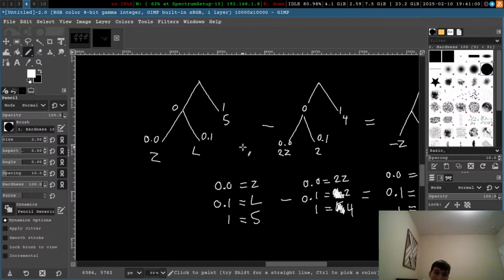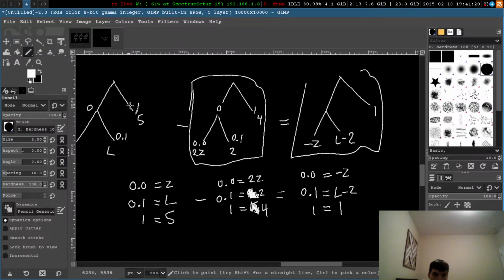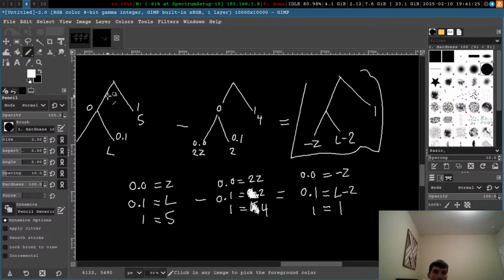Which means in order to get from here to here, we need to add this and this and this, and that will result in this.